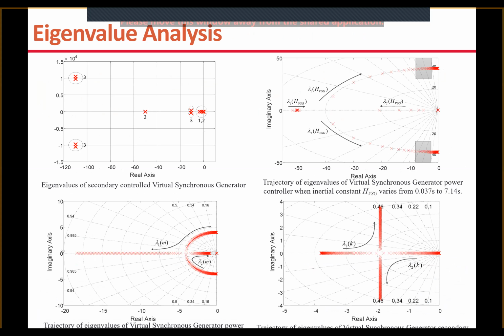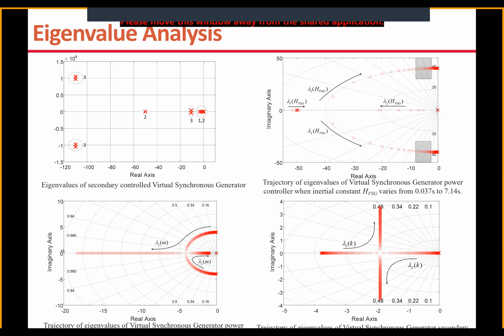In the eigenvalue analysis, we can see from figure A all the eigenvalues. In this case, we can see a few eigenvalues very close to the imaginary axis. So that can be a problem for stability.